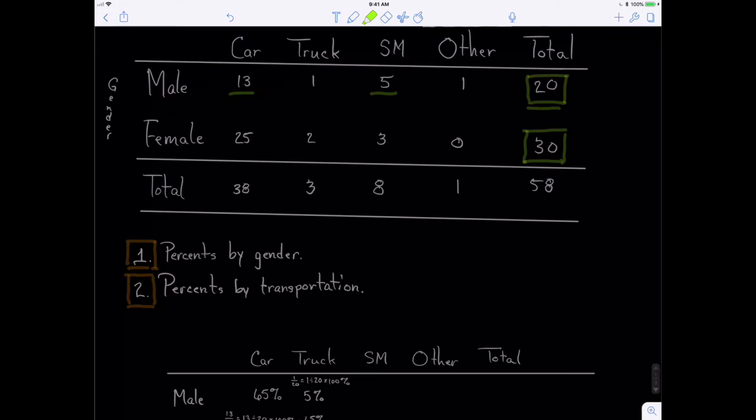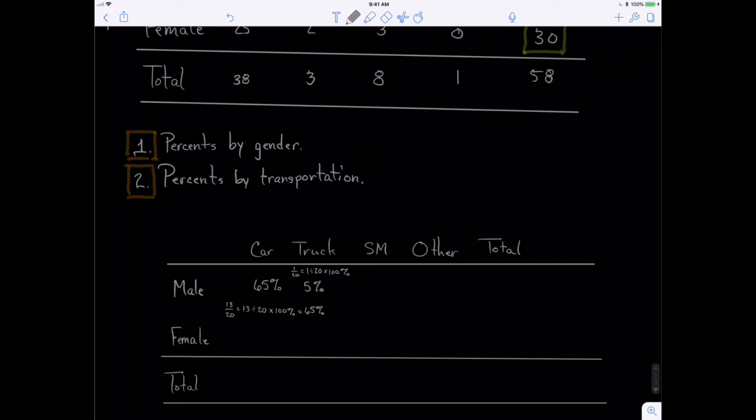So this is going to be 5 20ths, or 5 divided by 20. So we'll have 5 divided by 20 times 100%, which is going to be 25% of our males drive an SUV or minivan.